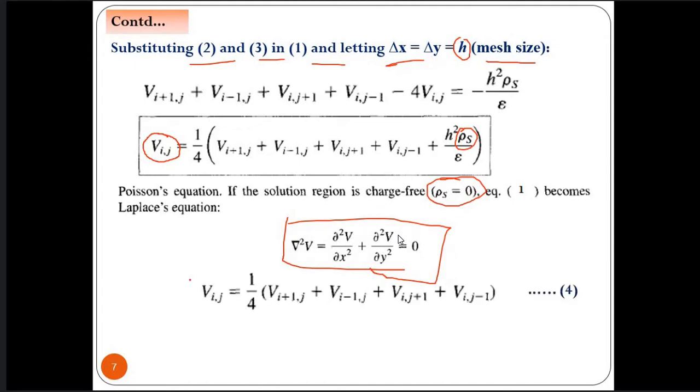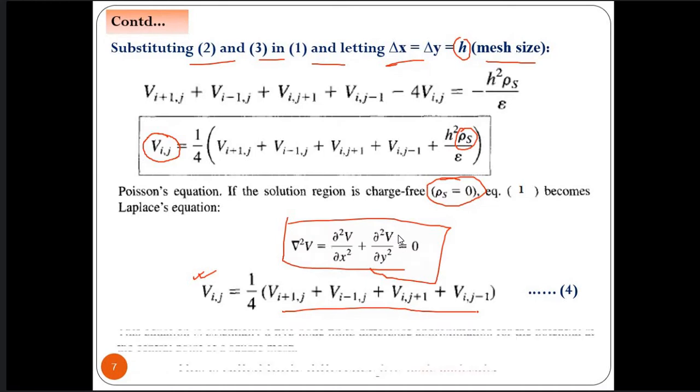And what will be your potential at the corresponding center point x0, y0? v of i, j equal to 1/4 of this: v of i plus 1, j, v of i minus 1, j, v of i, j plus 1, v of i, j minus 1.